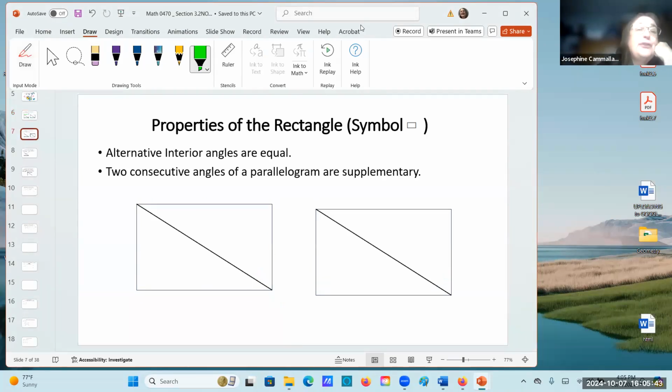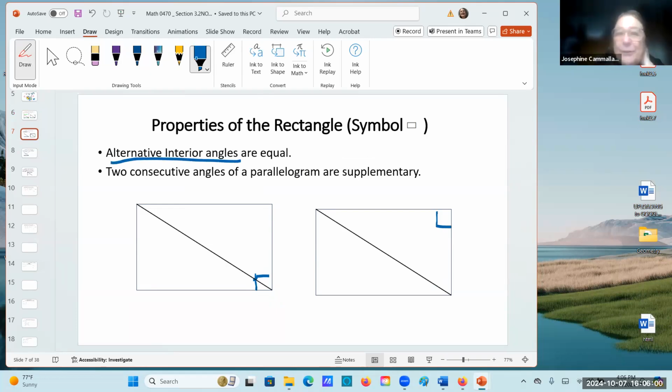Now, the third and fourth property. Again, I'm going to make sure that you see that this has a box. I'll put the box up here. But it's saying alternate interior.